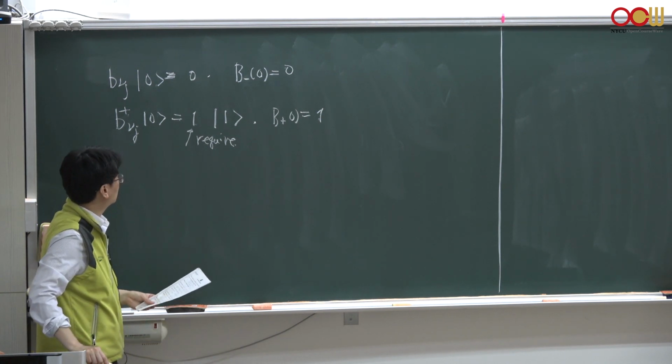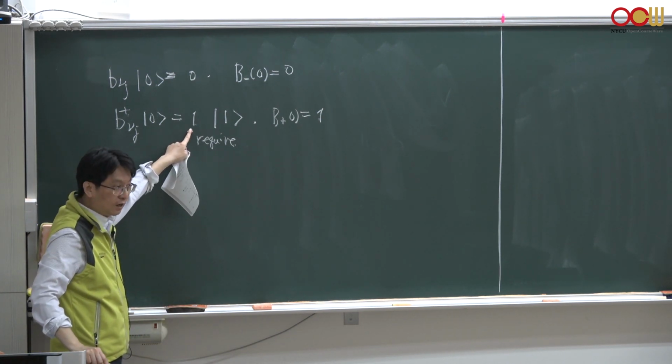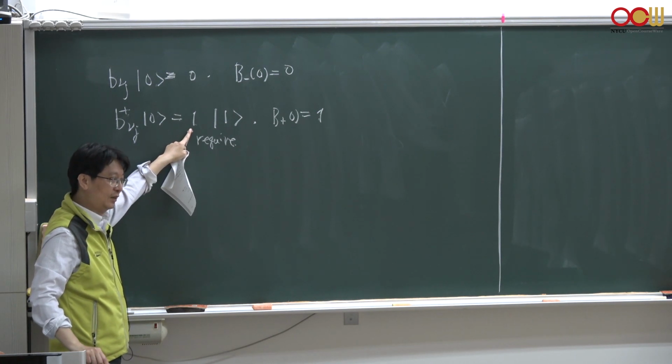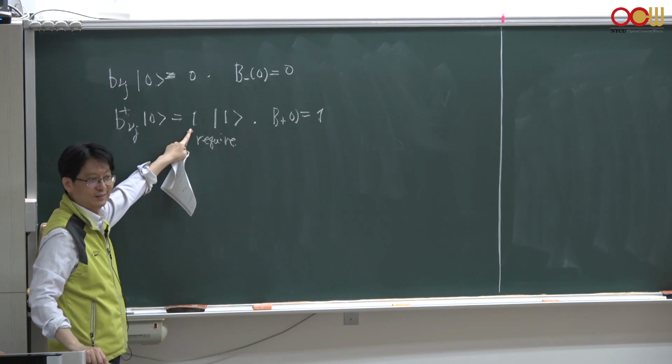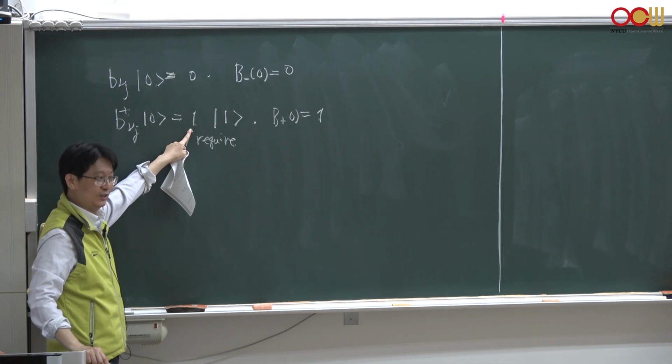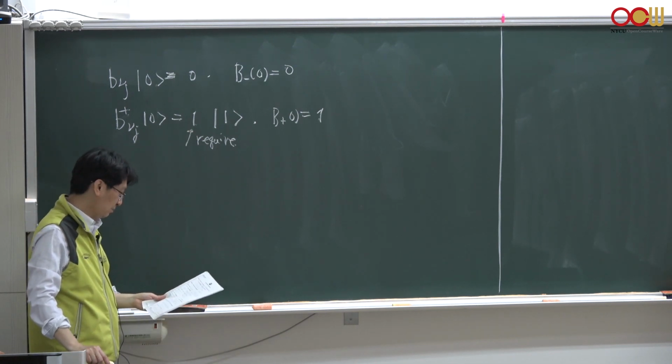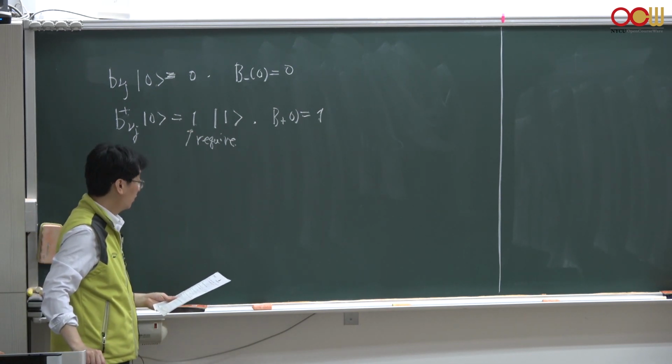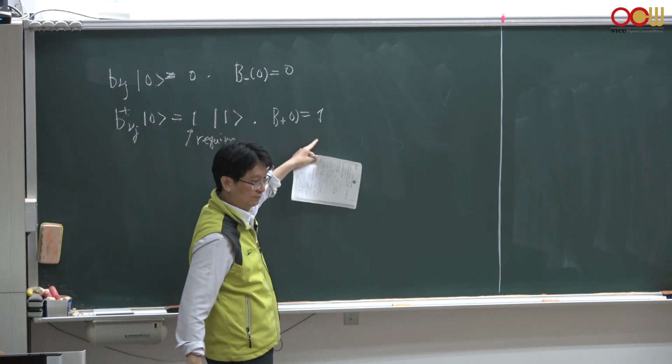Of course, this can be any other value you like, but it only complicates the situation. So for simplicity, we just call this B plus 0 equal to 1.